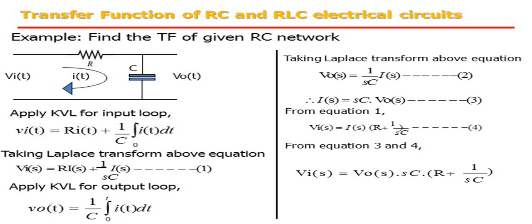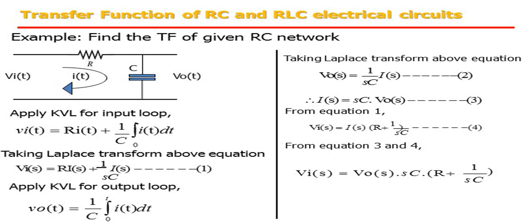By taking the Laplace transform of this equation, we get V0(s) = 1/sC I(s), equation number 2. Then rearranging this equation for I(s), we get I(s) = sC V0(s). That is equation number 3.